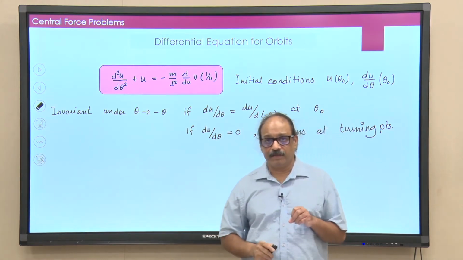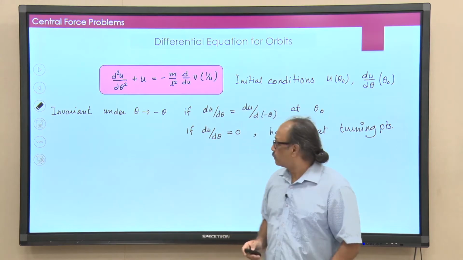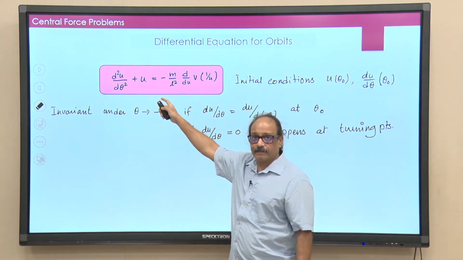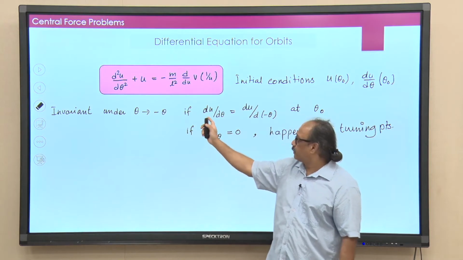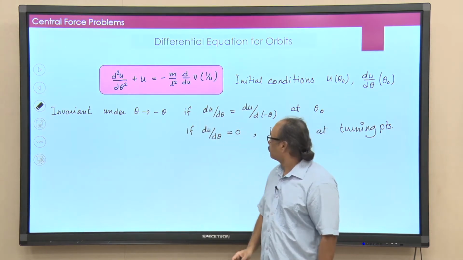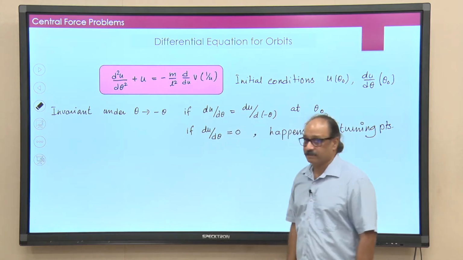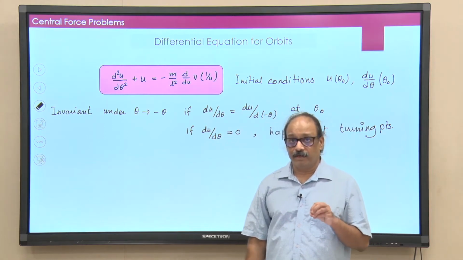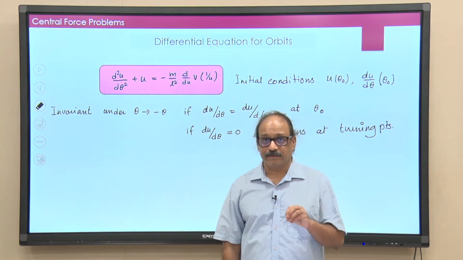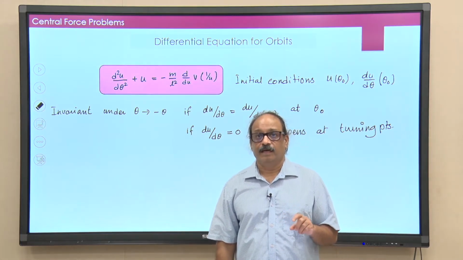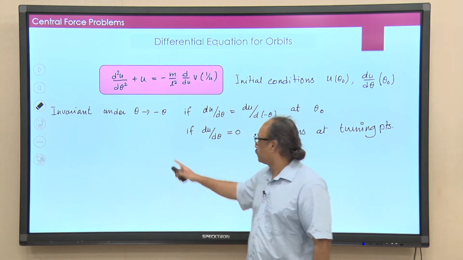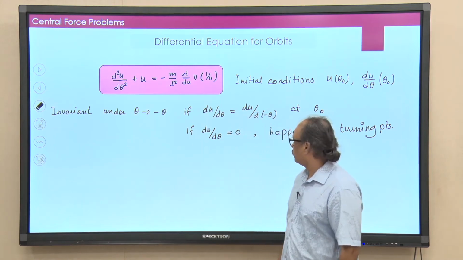So, if you are looking for invariance, I must look for the invariance of the differential equation, and I also must look for the invariance of the initial conditions. The u of course remains as it is, but du by d theta will change the sign, and if you want this initial condition, the first derivative, to remain invariant under this transformation theta to minus theta, what does that mean?